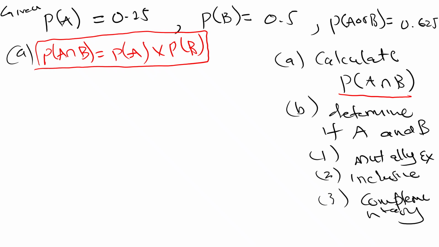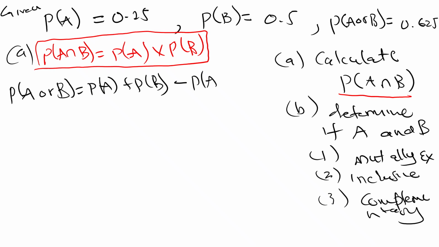So the correct approach would be the probability of A or B is equal to the probability of A plus the probability of B minus the probability of A and B. Now you're solving for this part, because A or B you were given, the probability of A you were given, the probability of B you were given, and then you plug in.